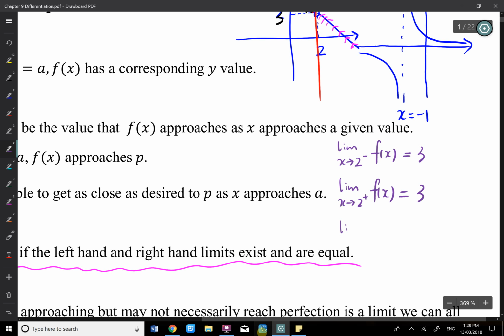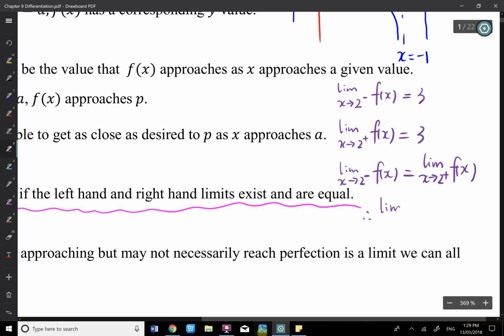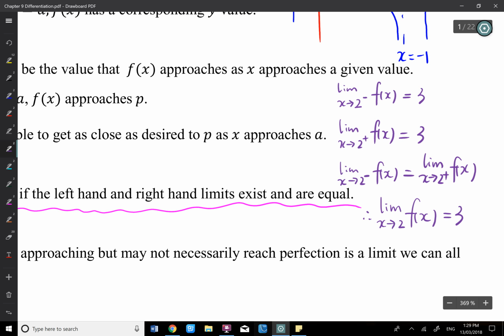Therefore, you can see the limit as x approaches 2 from the negative side of f(x) equals the limit as x approaches 2 from the positive side of f(x). Therefore, the conclusion is the limit as x approaches 2 of f(x) equals 3. There are 4 lines you need to write to talk about whether a limit exists or not.